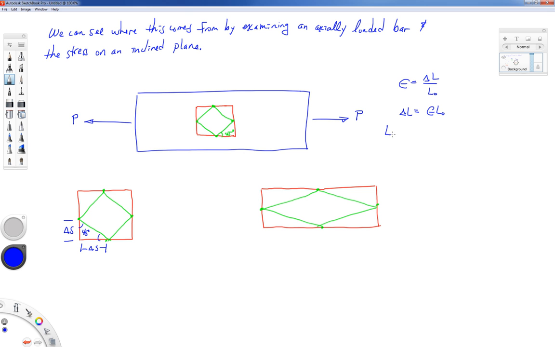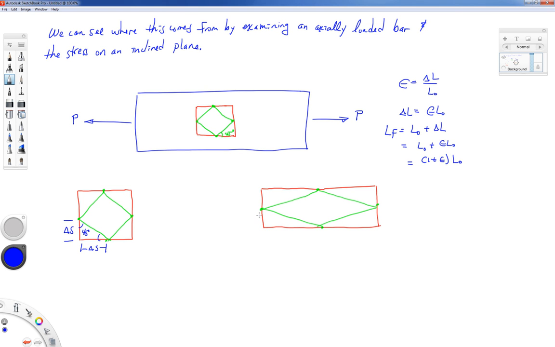And since the final length is equal to the initial plus the change in length, I can also say the final length then is going to be 1 plus the strain times the original length.